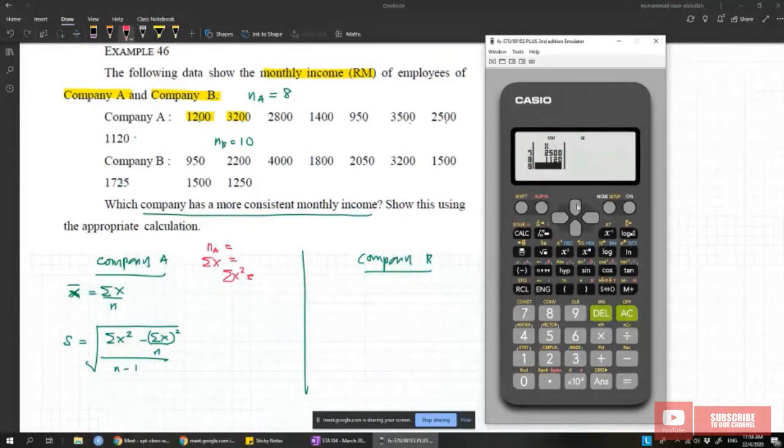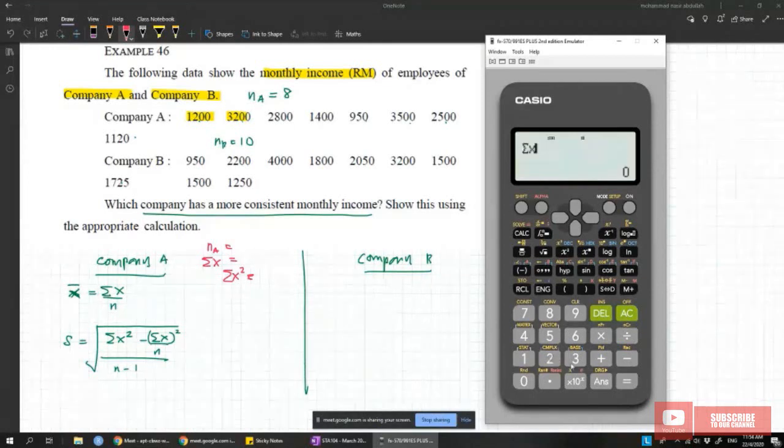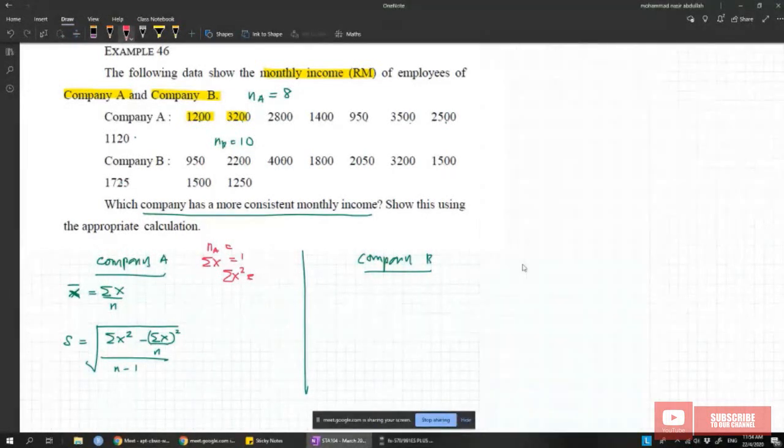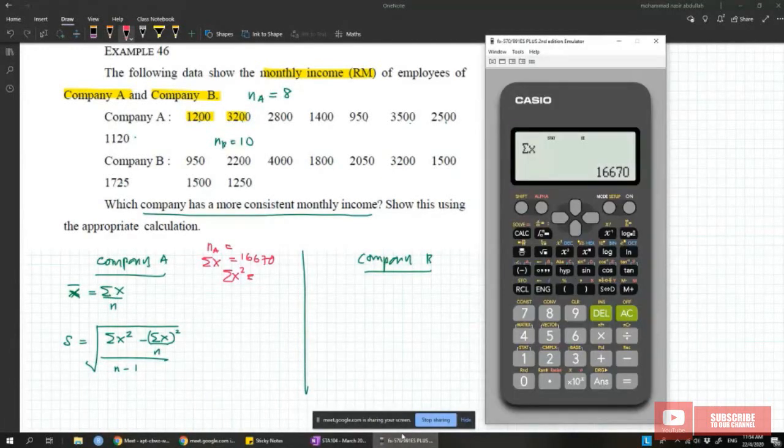So for company A, once you have keyed in the values, you press AC, now you press shift, press 1, and choose 3 for sum, right? So you find summation of x, number 2. So this is 16670, right?